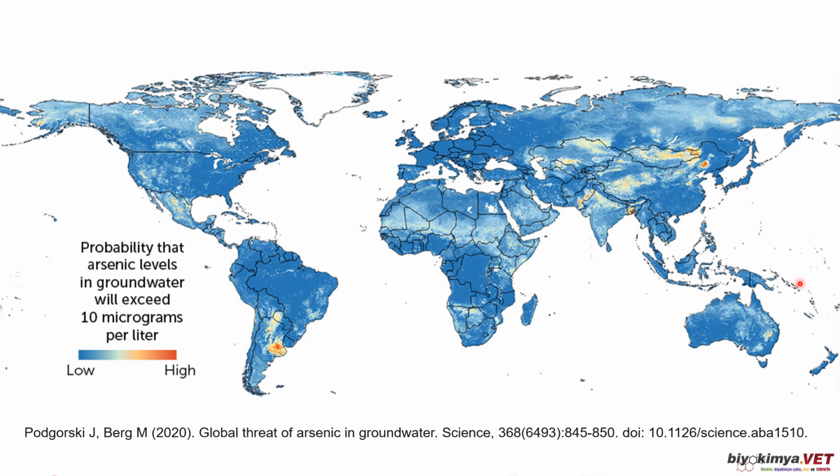By combining the global arsenic prediction model with household groundwater use statistics, it is estimated that 94 million to 220 million people are potentially exposed to elevated arsenic concentrations in groundwater, with the vast majority, as you see here, in Asia.